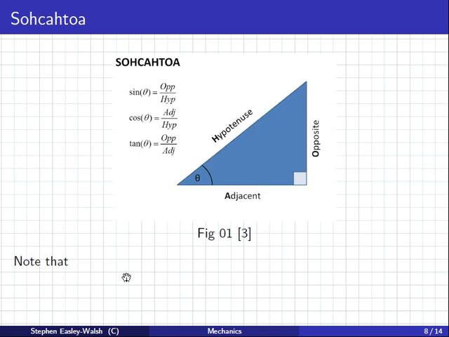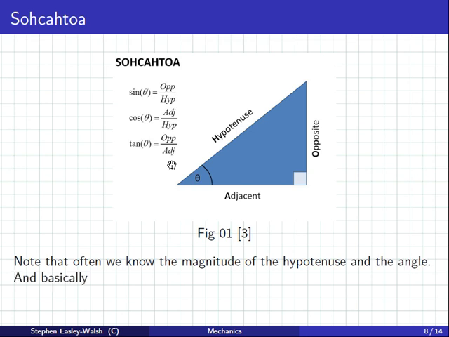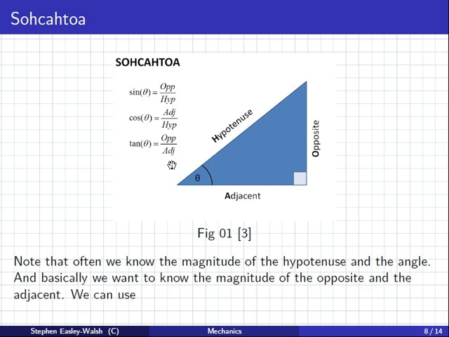Right, now there are actually 2 others that are useful here, sine, cos and tan. So sine theta is opposite over hypotenuse, cos is adjacent over hypotenuse, and tan is opposite over adjacent. Often we know the hypotenuse and the angle, and I'll show you what we can do with that piece of information.